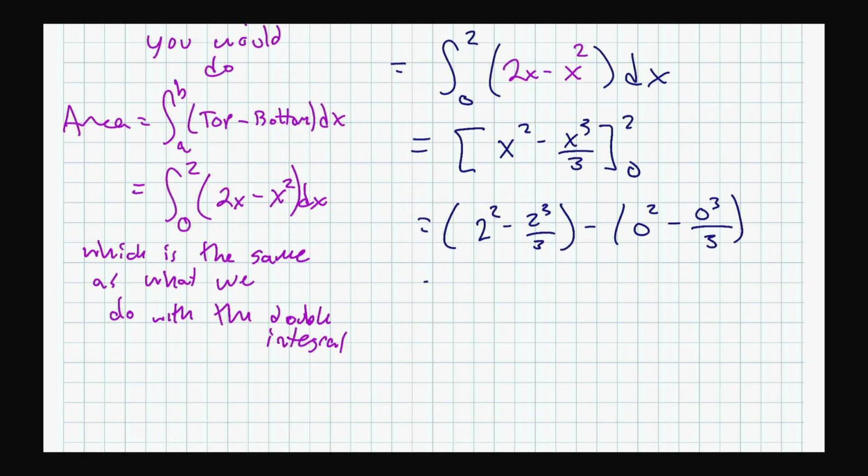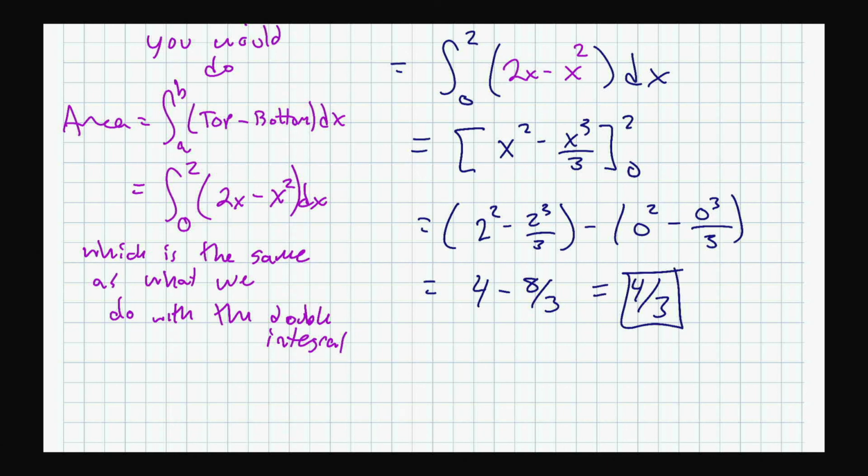This is 4 minus 8 thirds. So you grab a calculator, 4 minus 8 thirds, and you get 1 and a third, or 4 thirds.